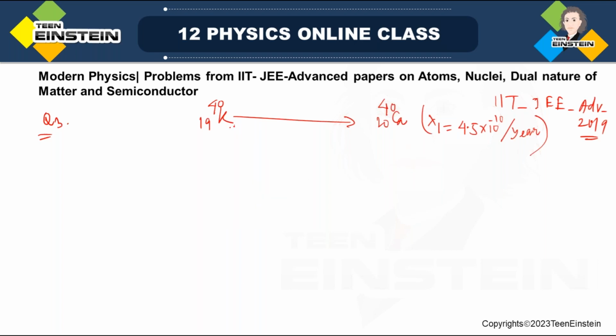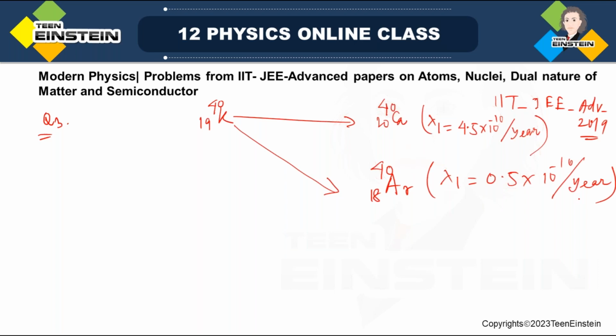So what is the other path of decay? It goes to stable argon also, with decay constant 0.5 into 10 to the power minus 10 per year. Okay, this is another decay constant.